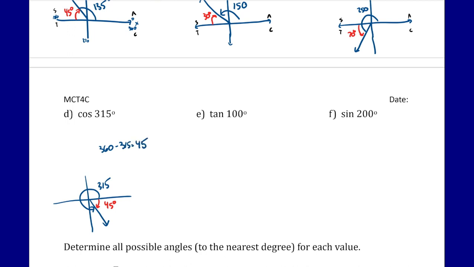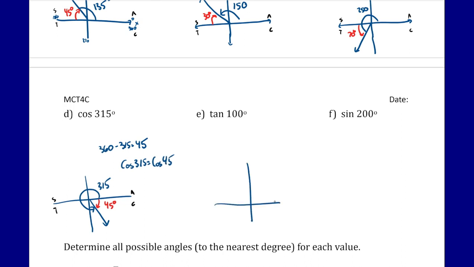So that will tell me the acute angle that's related. And following the CAST system, cosine is positive down here, so 315 would give me a positive ratio. So I can use positive 45 as my reference, or acute angle. So cosine 315 equals cosine 45.